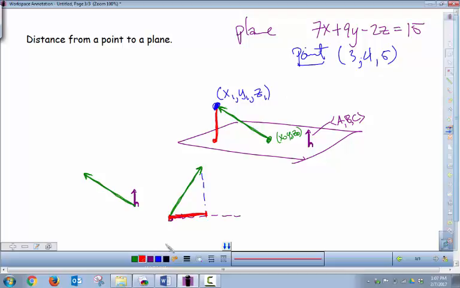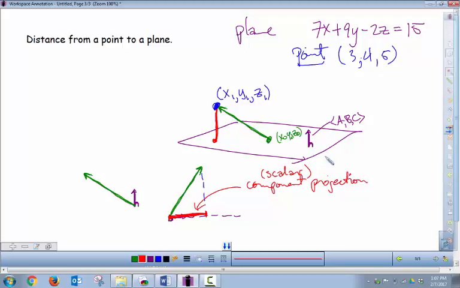So anyways, we're looking for this length over here, which is a component projection. Sometimes we call it scalar projection because all we care about is the length of that projected vector, not the actual vector itself.